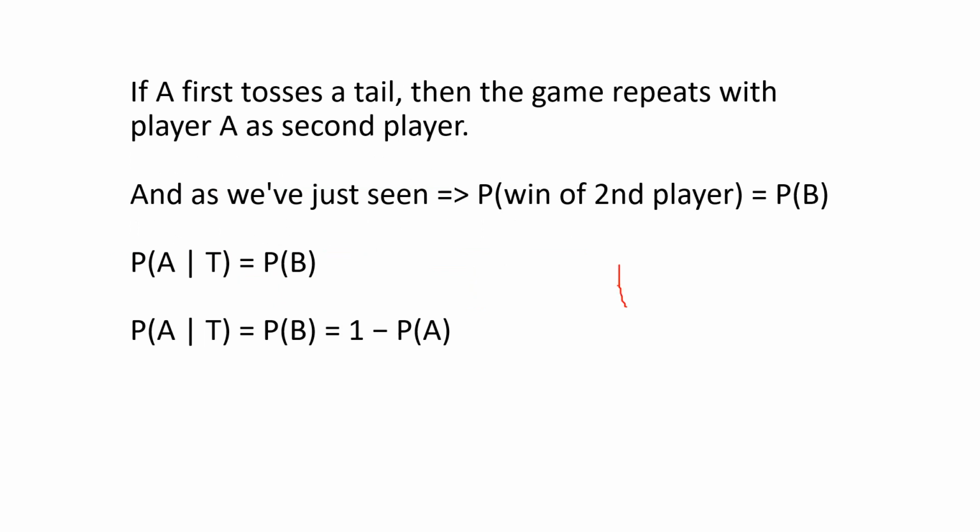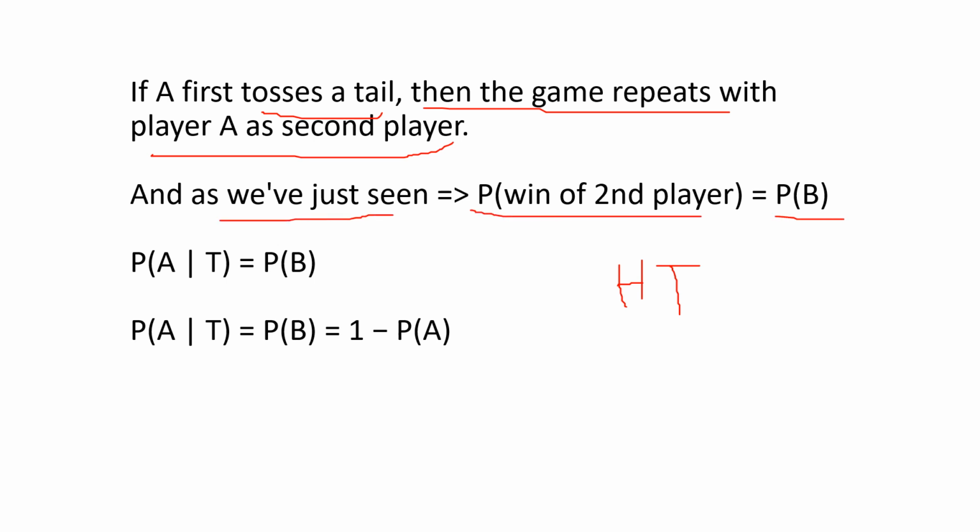Now the winning sequence in this question is heads and then tails. So if A first tosses a tails, then the game repeats itself with A as the second player. And as we have just seen, the probability of win of the second player is PB.